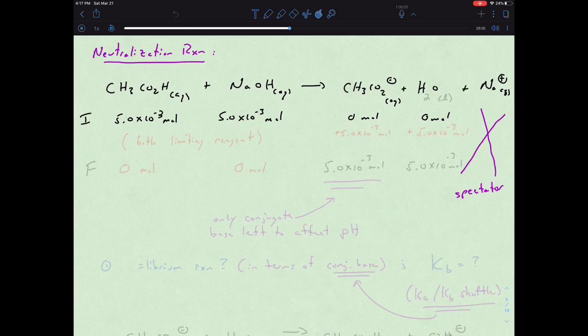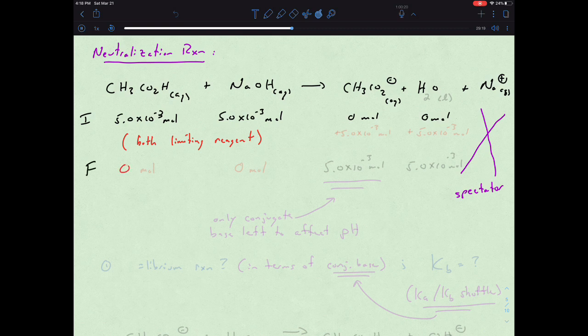That's why also the initial starting material moles of the acetic acid doesn't change as well. And so in both our starting materials, we have the same moles. So technically, both are now the limiting reagent.